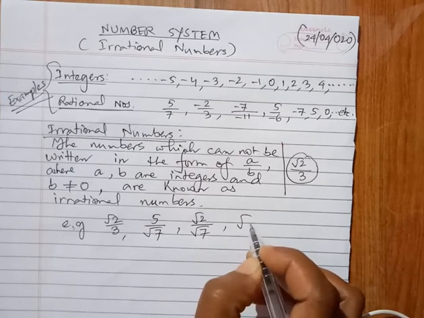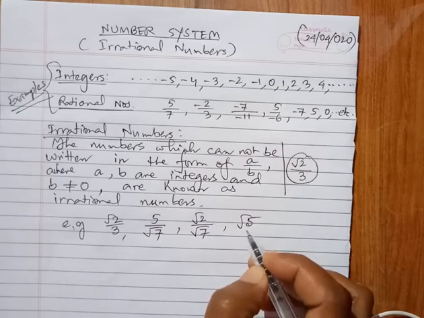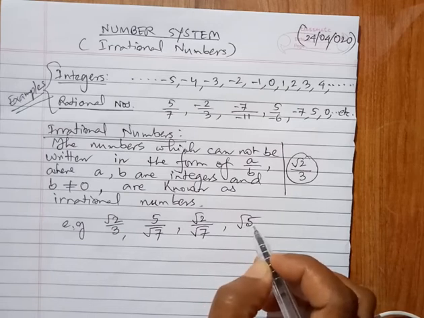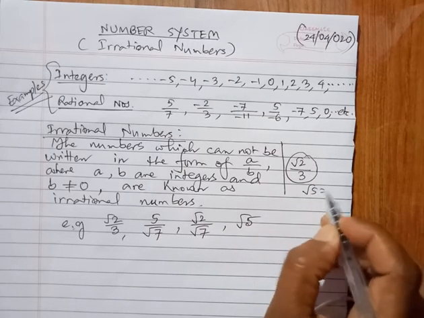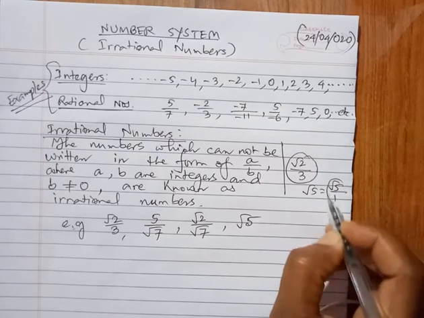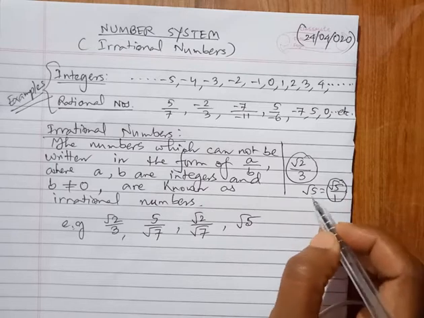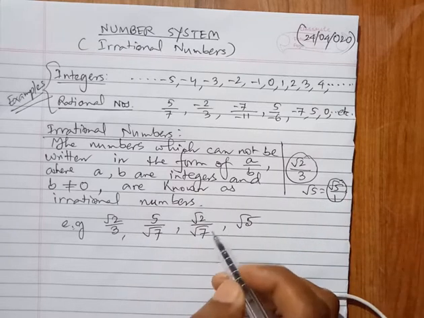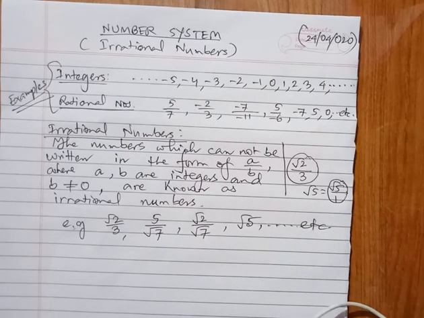Then root 5 is also an irrational number, because root 5 can be written as root 5 by 1, but still the numerator is not an integer, so therefore root 5 cannot be taken as an integer, etc. So normally the numbers containing the root-over sign can be taken as irrational numbers.